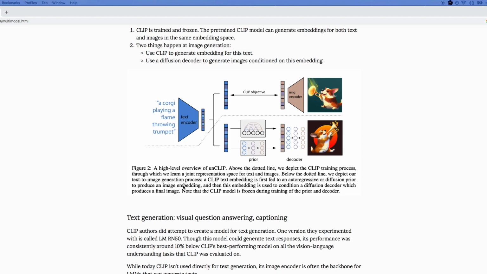Below the dotted line, we depict our text-to-image generation process. A CLIP text embedding is first fed to an autoregressive or diffusion prior to producing an image embedding. And then this embedding is used to condition a diffusion decoder which produces the final image.